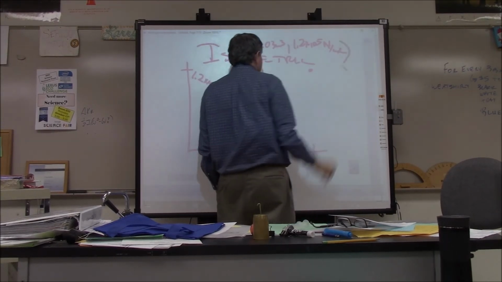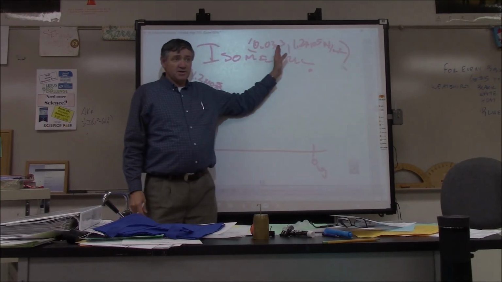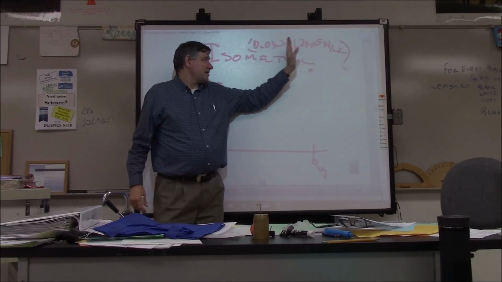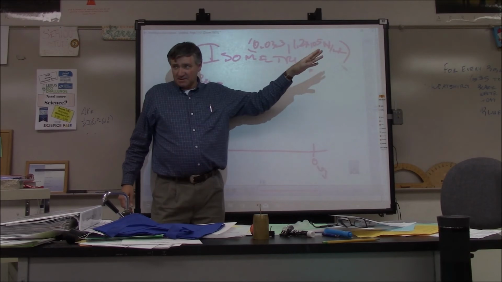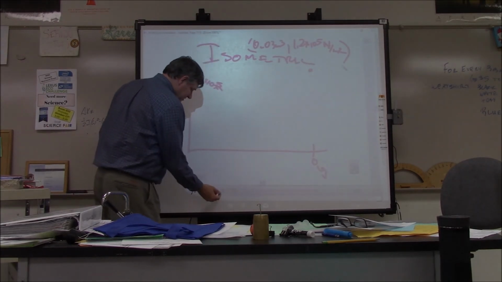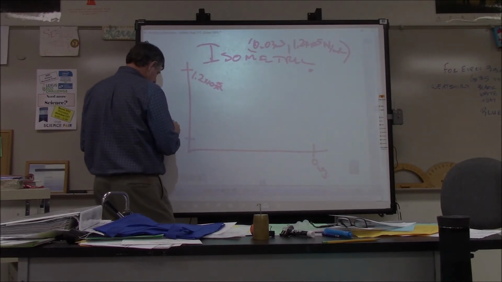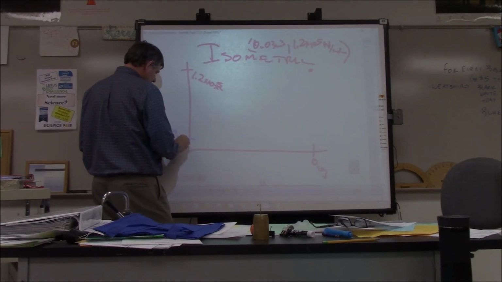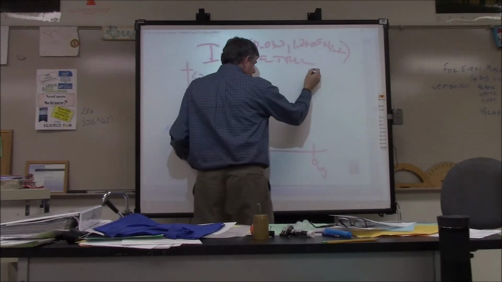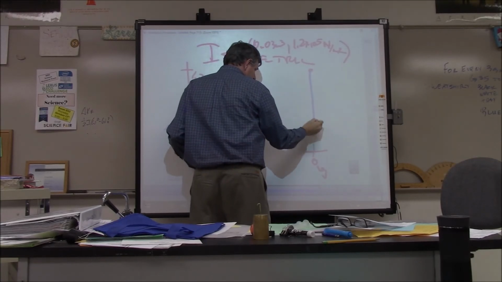So here's my data point: I'm at 0.03 cubic meters with a pressure of 1.2 times 10 to the 5th. What I'm going to do is take this line and bring it down to 1.0 times 10 to the 5th. So we're going to go from here straight down.